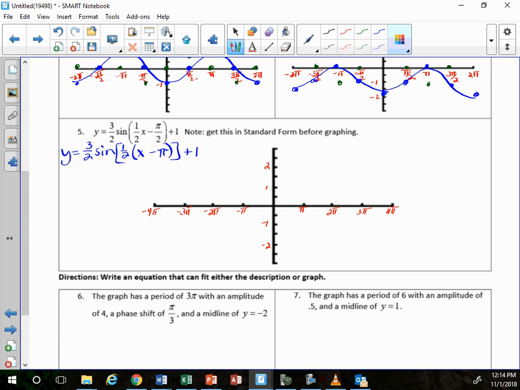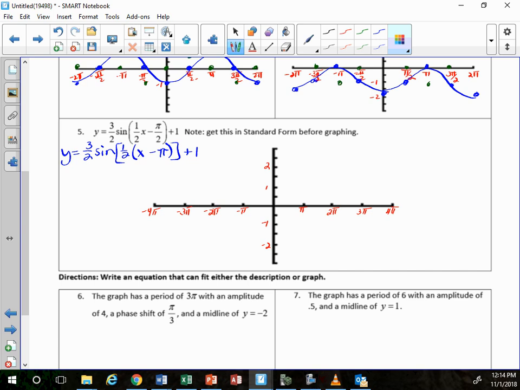All right, guys, let's look. Instead of just plotting the parent dots, I'm going to go ahead and do the amplitude change, the vertical stretch, while I do that. So the points that are at 0, are they going to go anywhere? No, not in the initial step. And the ones that are at 1, where are they going to actually go? 1 and a half.